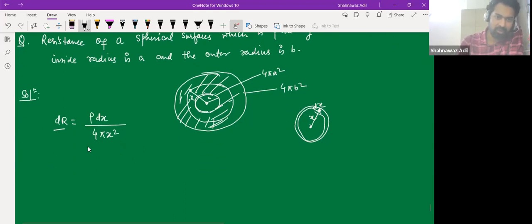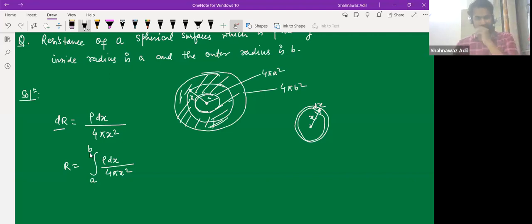So that will give the whole resistance, right? Then we integrate: we get rho dx over 4 pi x square, and the limit would be a to b. Again, I will ask you guys, what would be the integration of 1 by x square?